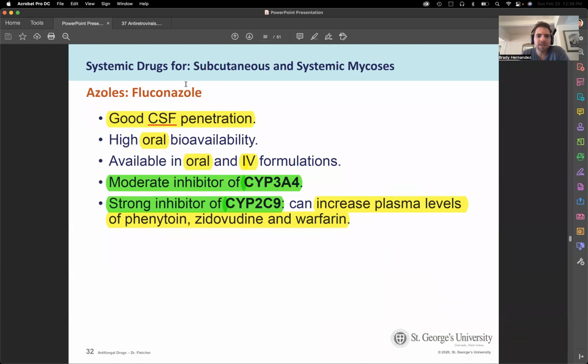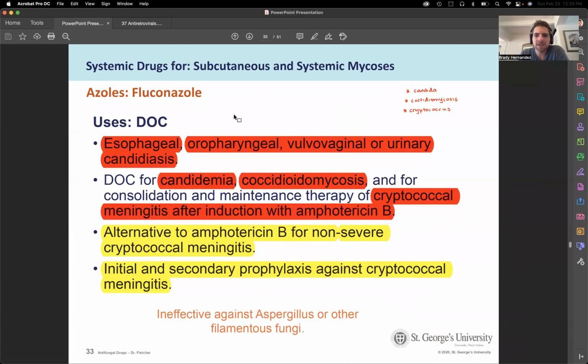Even for CNS fungal infection, fluconazole can still be used. So here's a good slide to remember. Fluconazole for Candida, coccidioidomycosis, Cryptococcus, so all those big ones. So when in doubt, go with that for sure.